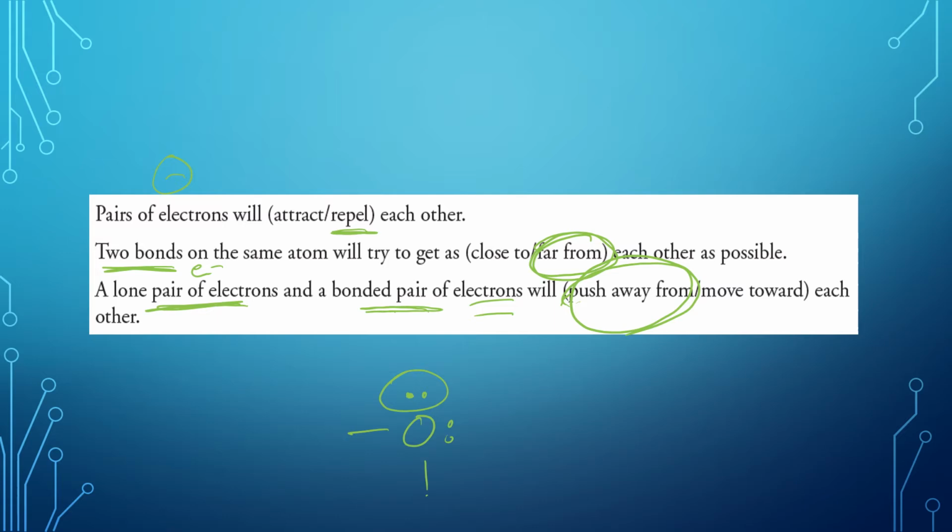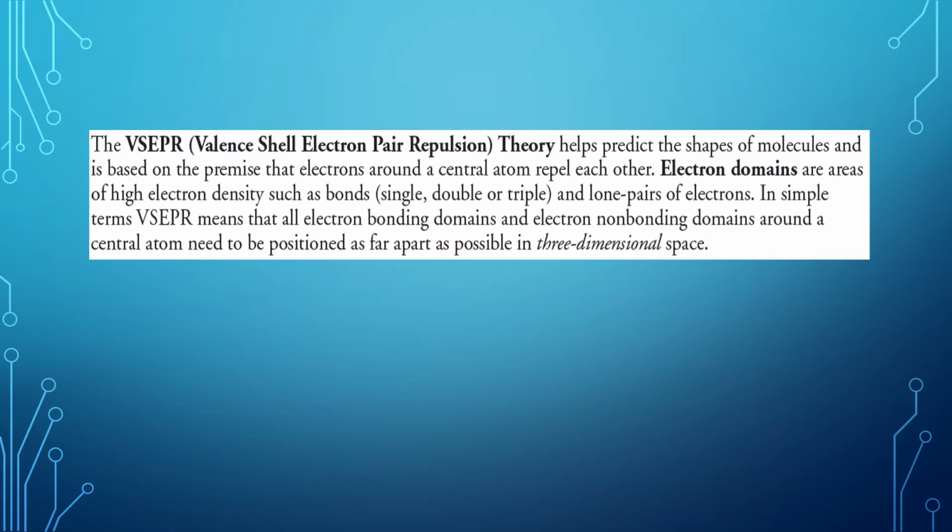That repelling is what's going to create the shapes you're going to see in a bit. So the valence shell electron pair repulsion theory, or VSEPR theory, helps predict the shapes of molecules based on the idea that the electrons on a central atom want to get as far away from each other as possible.